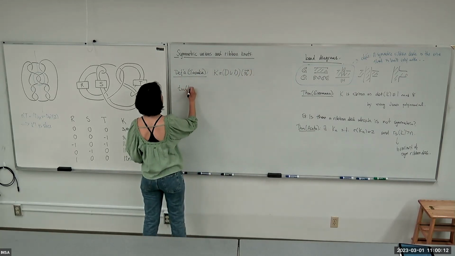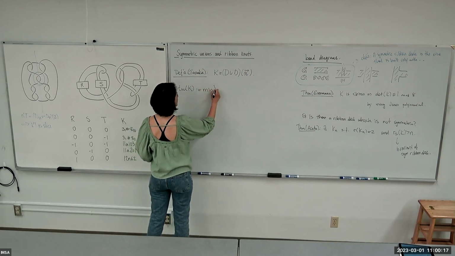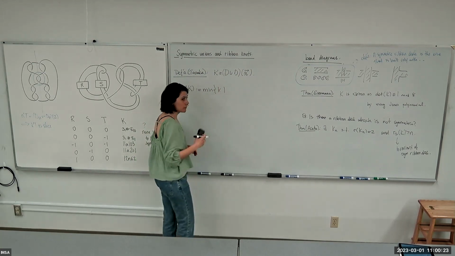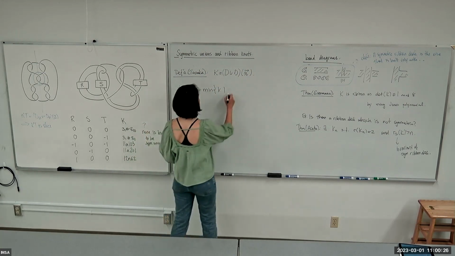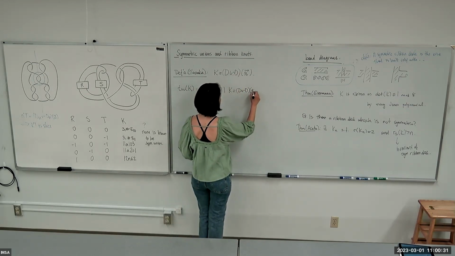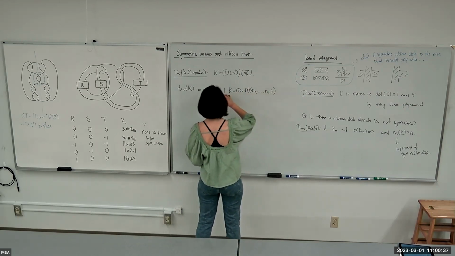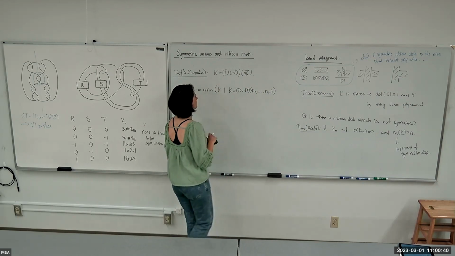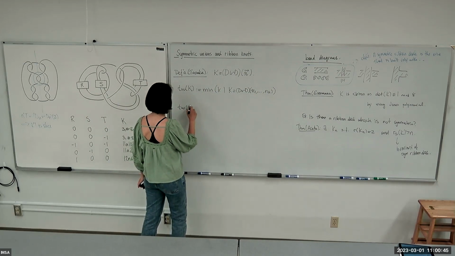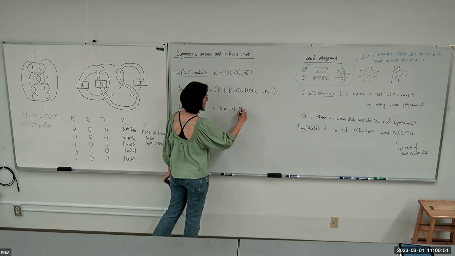Then the minimal twisting number is basically the minimum number of twist regions to obtain K among the symmetric union diagrams of K. So certain things are clear: if it is 0, then it's clearly the square knot.